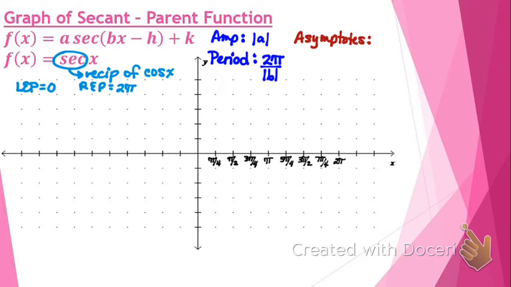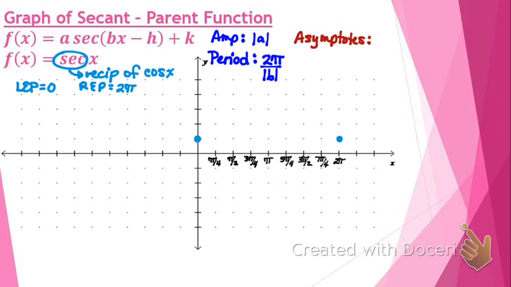At 1, and where on the x-axis? 0. So 0, 1. That's my left endpoint. Right endpoint goes all the way over at 2 pi, and it's also a high point, right? So it's going to be at 2 pi and 1. Those are my two maximums on cosine.